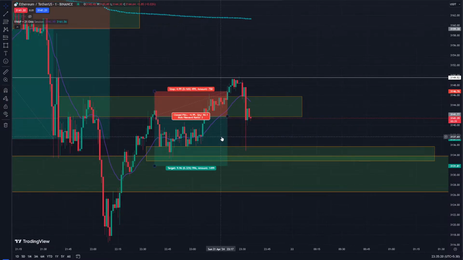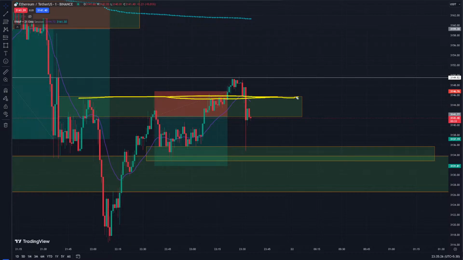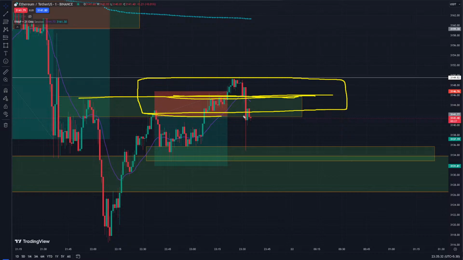Now you are able to see this whole area. In short, this whole area is a supply zone.